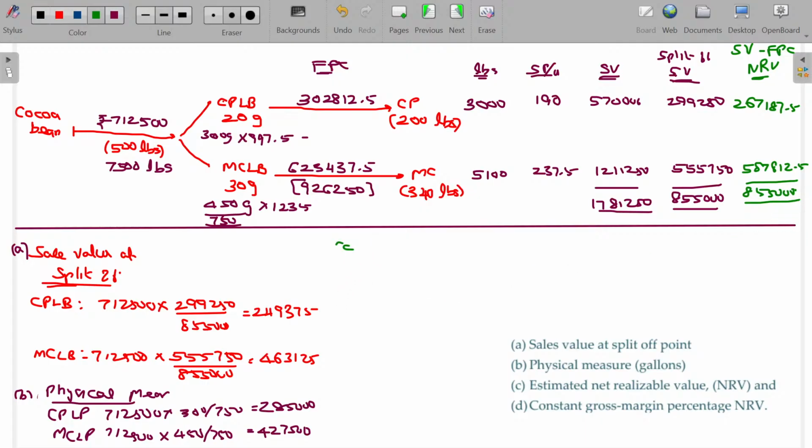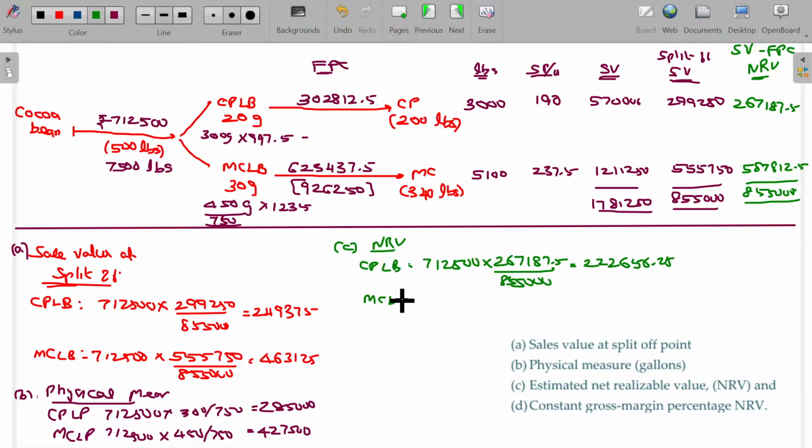Chocolate. This is the NRV model. Under NRV model, CPLB is equal to 7 lakhs 12,500 into 2 lakhs 67,187.5 divided by 8 lakhs 55,000. 2 lakhs 22,656.25.